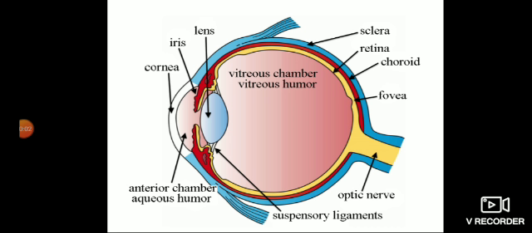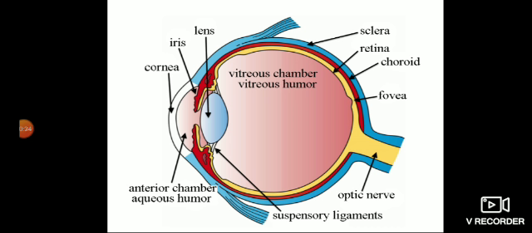Now you have to observe here one word, vitreous chamber or vitreous humor. This chamber has the vitreous fluid. It is a jelly-like fluid. It maintains the structure of the eye. Then in front of the lens you can see aqueous humor. It is watery. So the lens divides the eye into two parts, aqueous chamber and vitreous chamber.